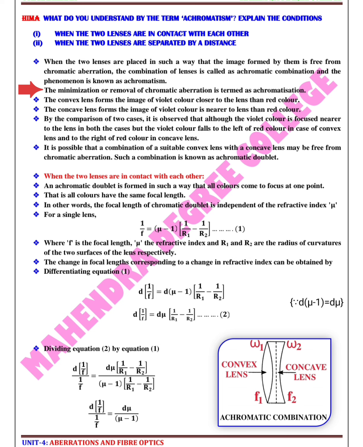It means chromatic aberration is a problem in lenses where different colors of light do not come to the same focus, causing blurry images with colored edges. Minimization or removal means reducing or getting rid of this problem.